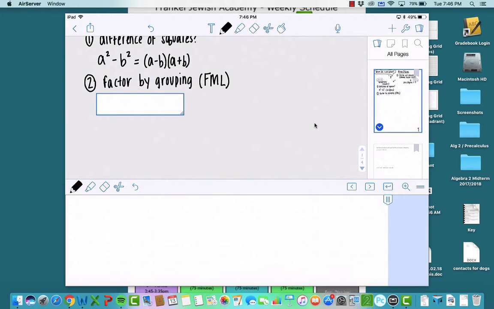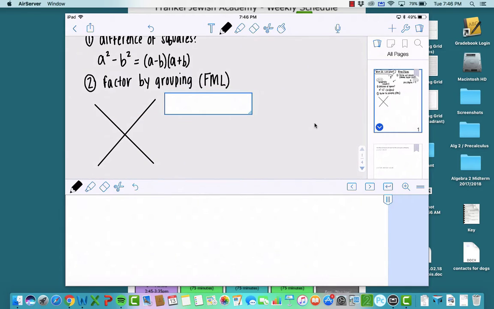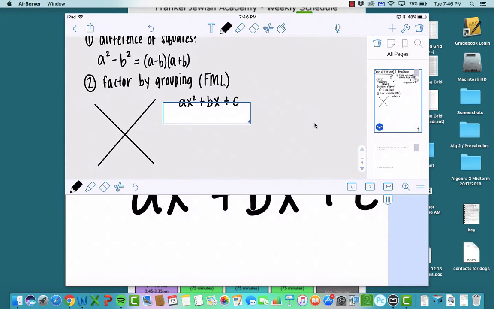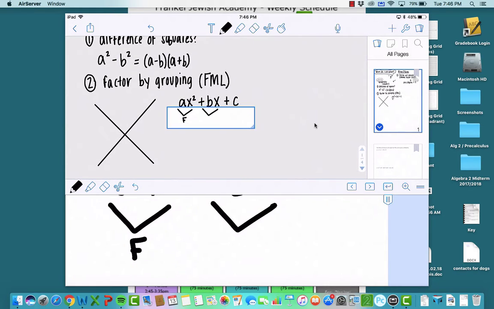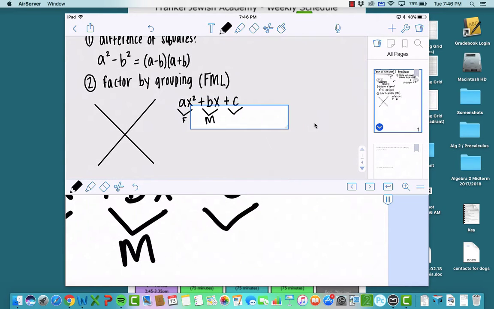So factoring by grouping is when we use the giant X. And if we have something in the form of ax squared plus bx plus c, Dresden put it as F, as in the first term, M, the middle term, and L, the last term.